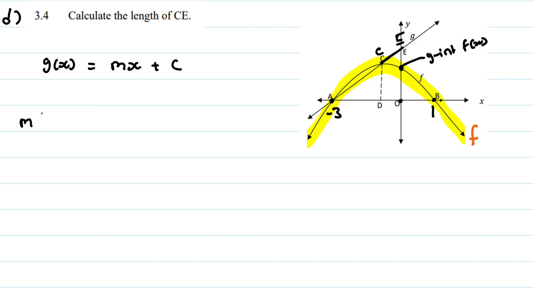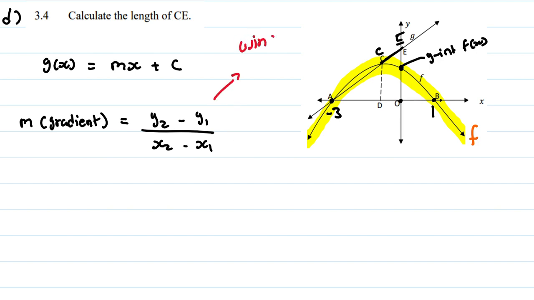So m, which is the gradient, is equal to y2 minus y1 divided by x2 minus x1. So remember, we are using the coordinates of A and C. So let me write it here.